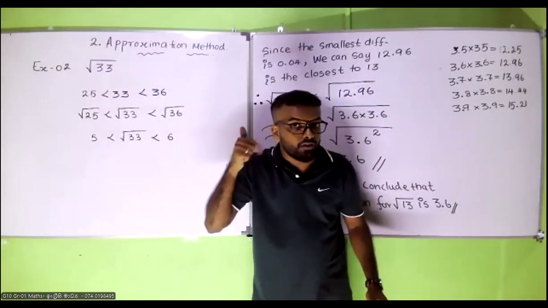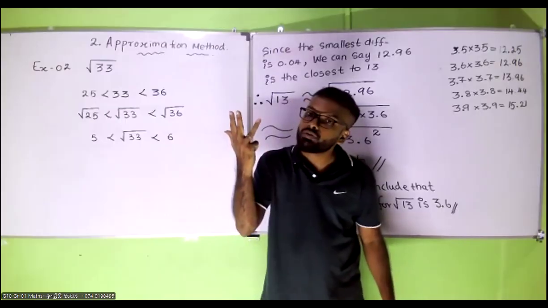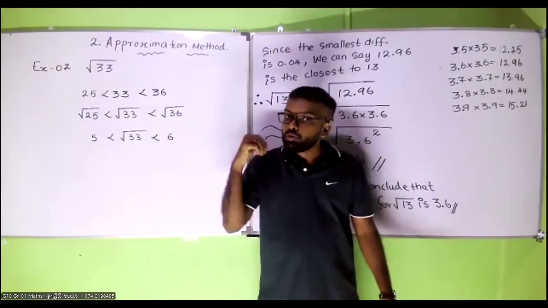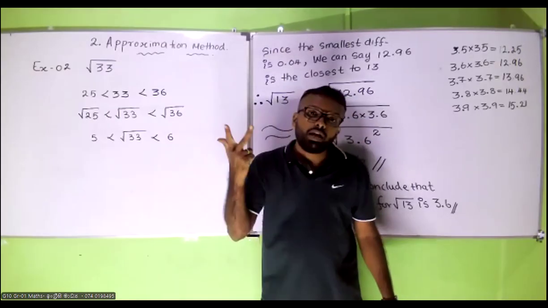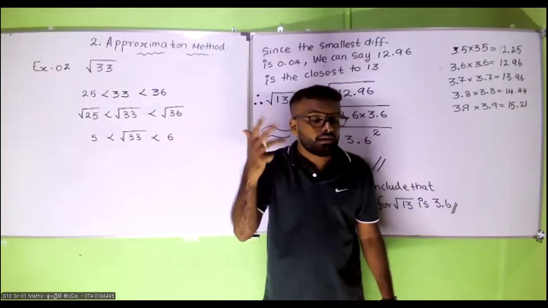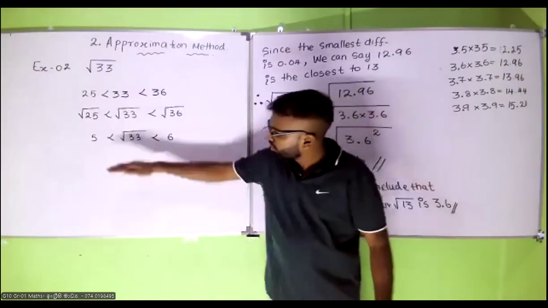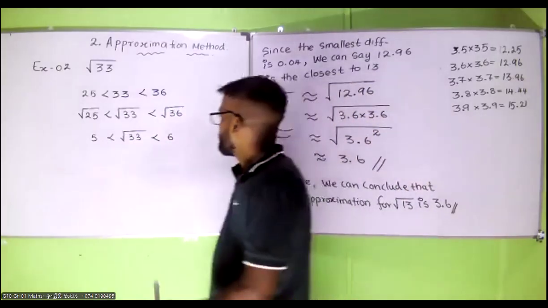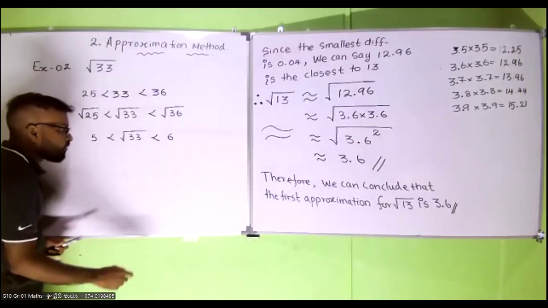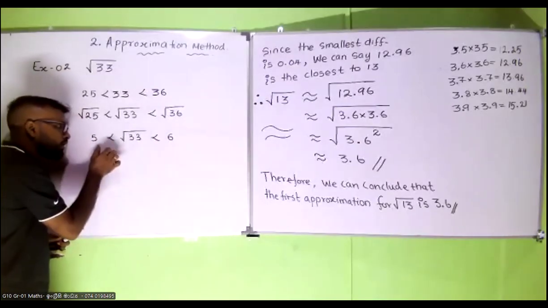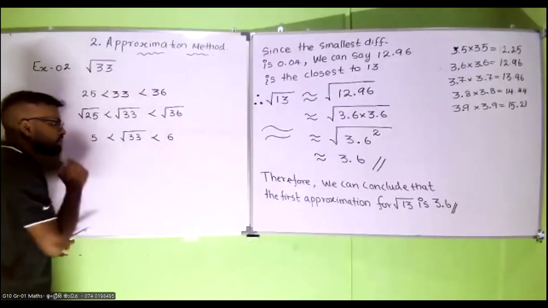That could be 5.1, 5.2, 5.3, 5.4, 5.5, 5.6, 5.7, 5.8, 5.9. One of those numbers could be the answer. Now we are going to find it out. We are going to find whether 6 or 5 is closer to 33.